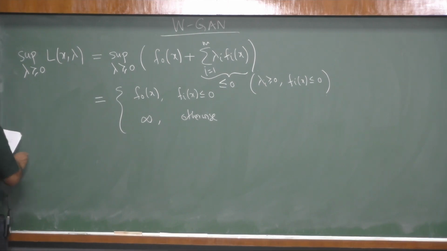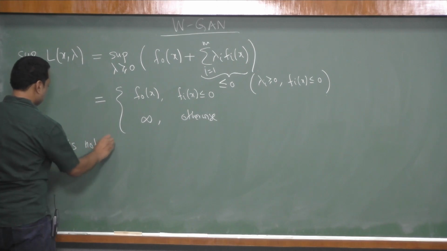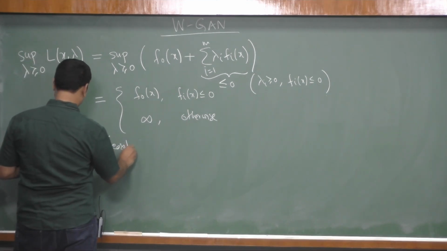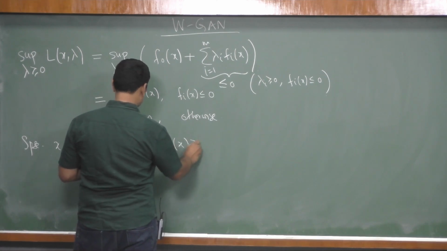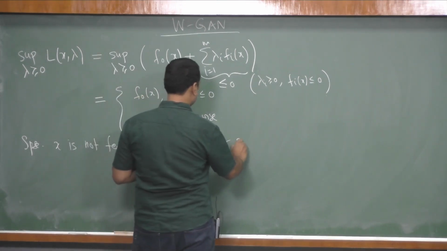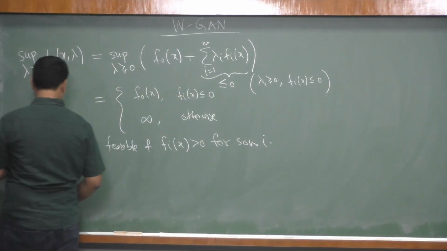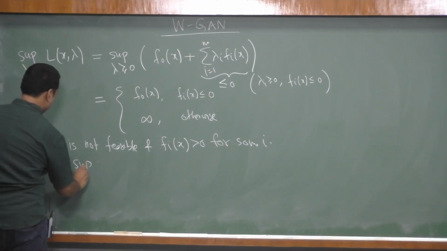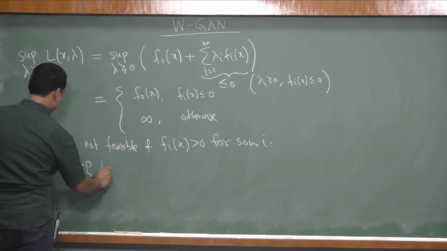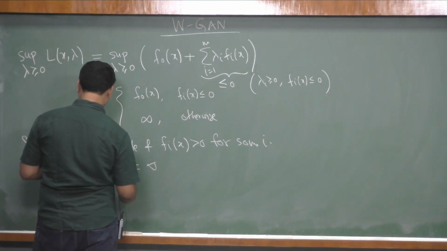Okay, so suppose x is not feasible and f i x is greater than 0 for some i, then the sup over lambda greater than or equal to 0 of L(x, lambda) is infinity.